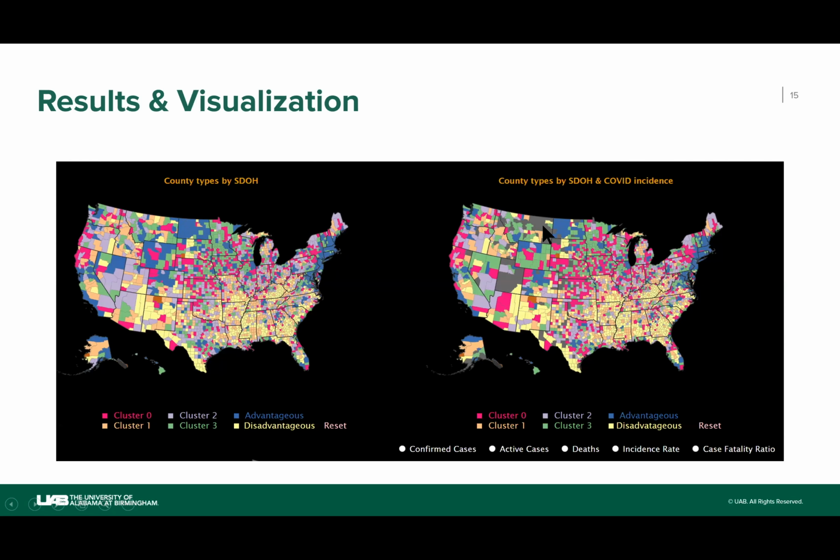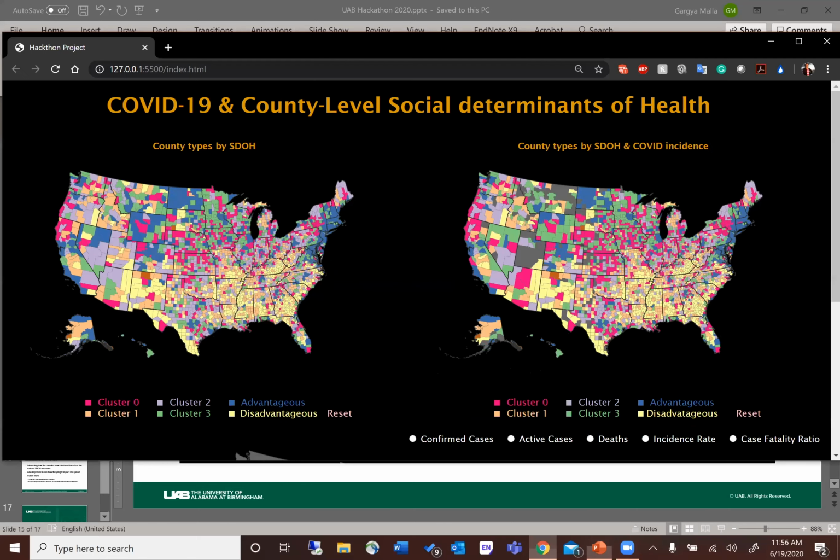So this is the map. Let me show. Right. So this is the visualization that was done based on the clustering. And on the left, we see that the counties are typed based upon the SDOH measures only.